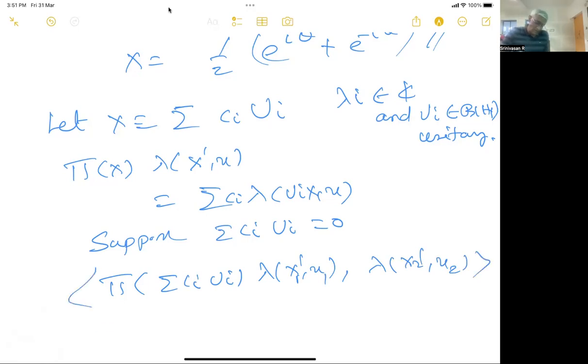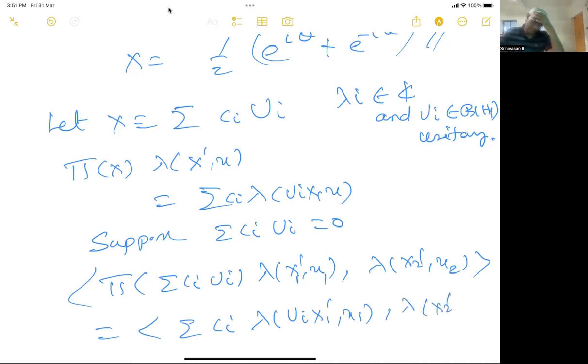We take this inner product and we have to show this is 0. That's enough. Now this is going to be the summation C_i lambda of U_i x1 prime u1 with lambda of x2 prime u2.